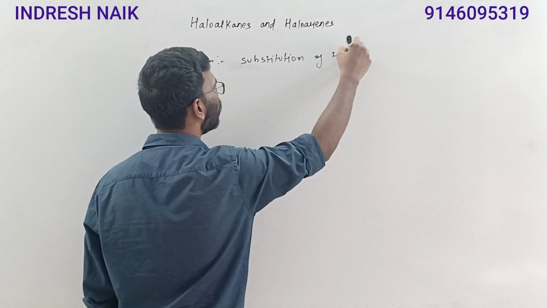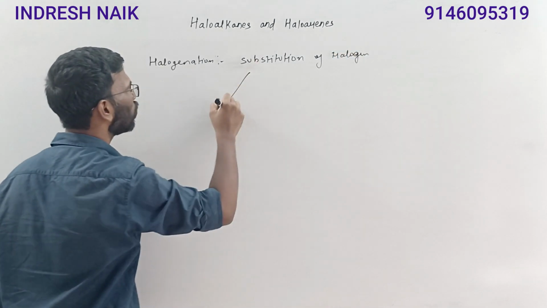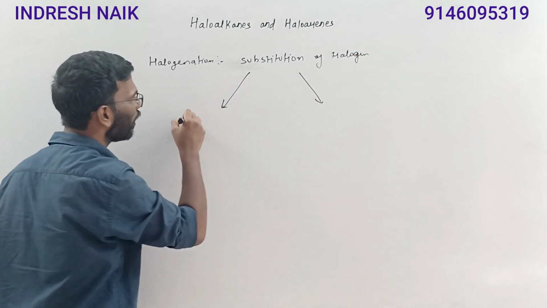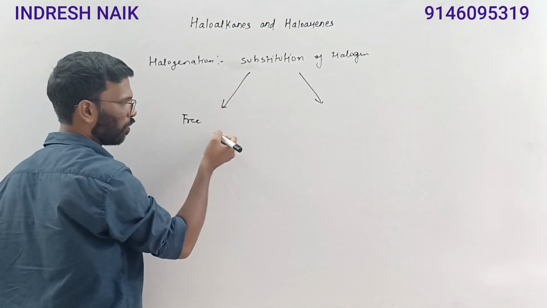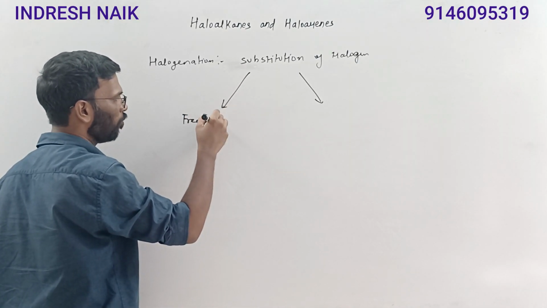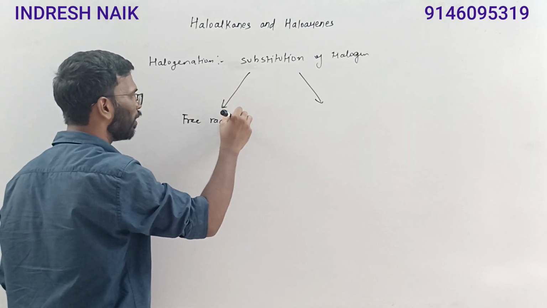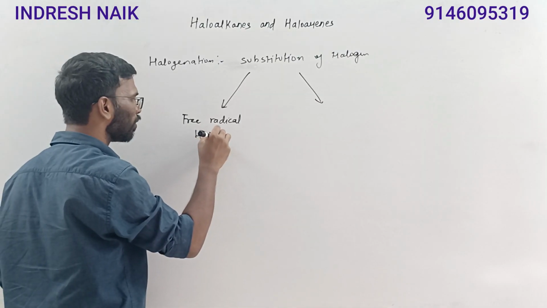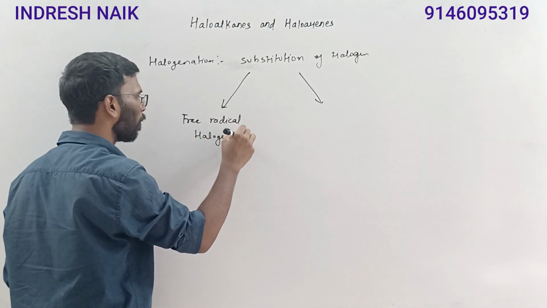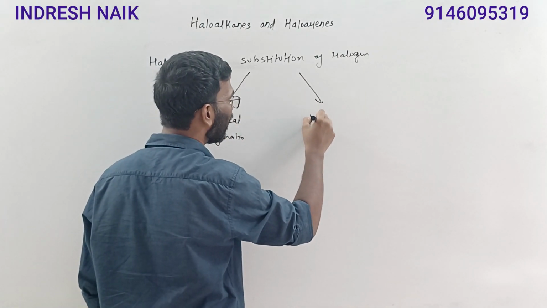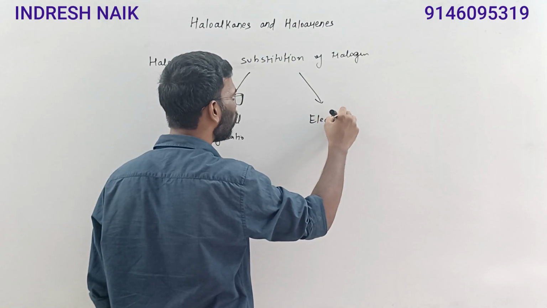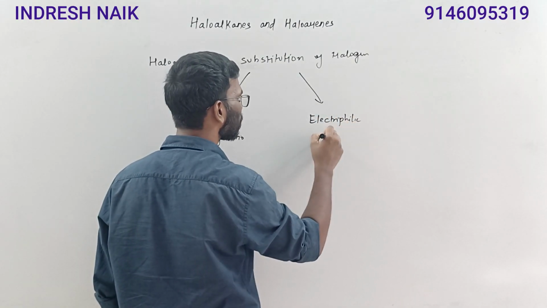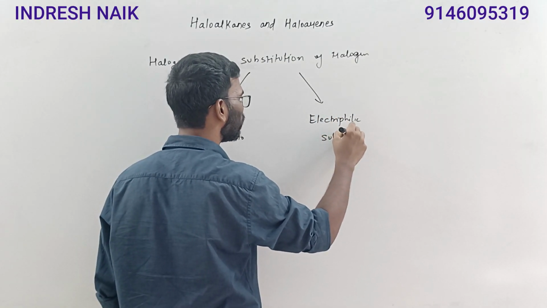There are two kinds of halogenation. One is free radical halogenation, which you have just done, and then there is one more, electrophilic substitution.